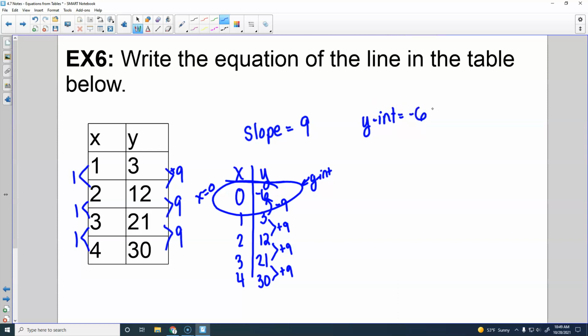So whenever I do that, Caroline, what's my equation going to be? Yeah, just minus 6 will be more simple there. Perfect. Okay, so if you don't have a y-intercept on your table, you're going to have to fill in to figure out what it is.